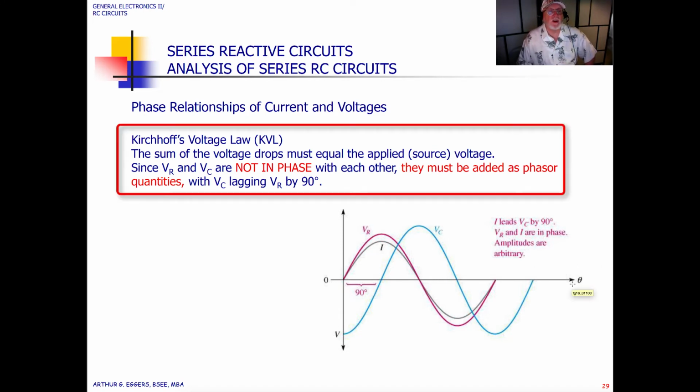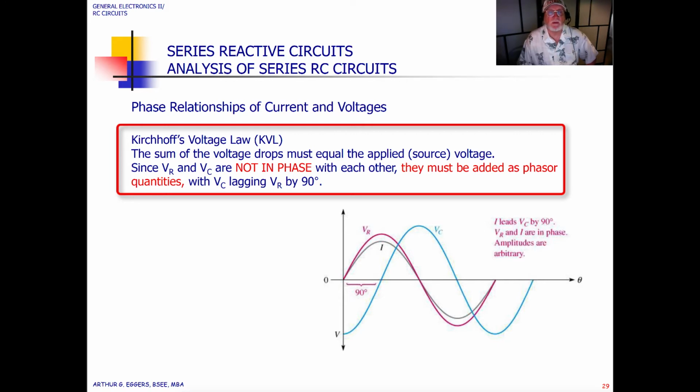Kirchhoff's Voltage Law says that the sum of the voltage drops must equal the applied source voltage. Since the voltage across the resistor and the voltage across the capacitor are not in phase with each other, they must be added as phasor quantities, with the voltage across the capacitor lagging that of the resistor by 90 degrees.